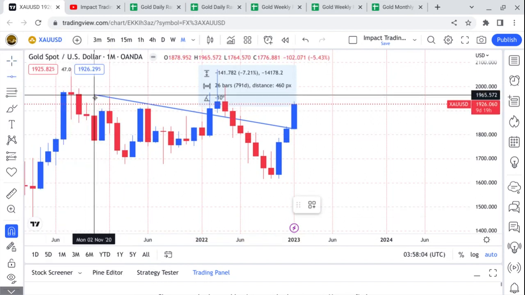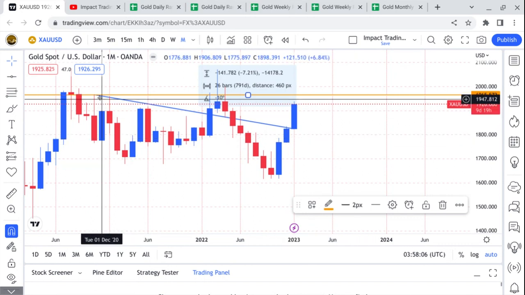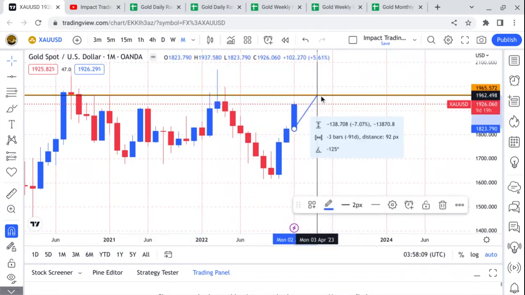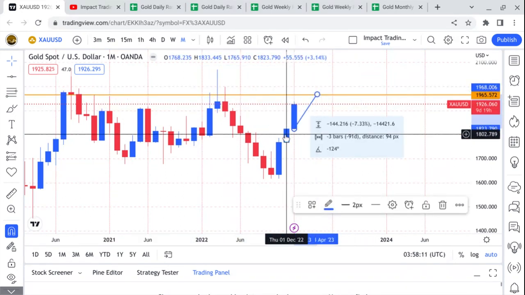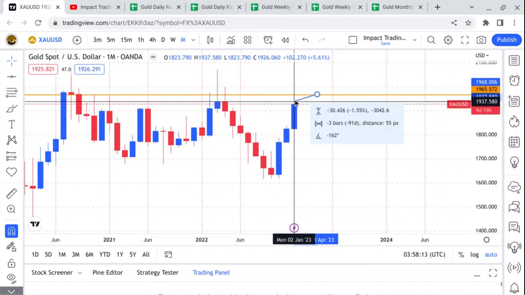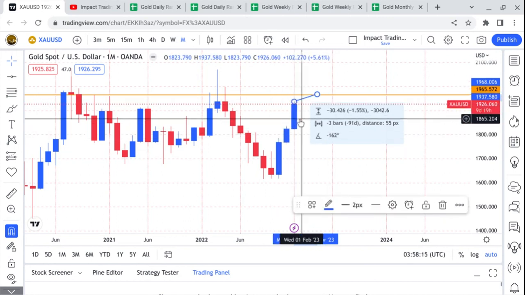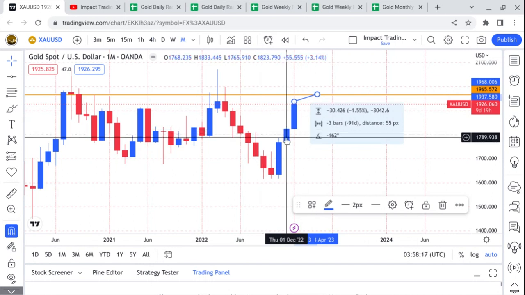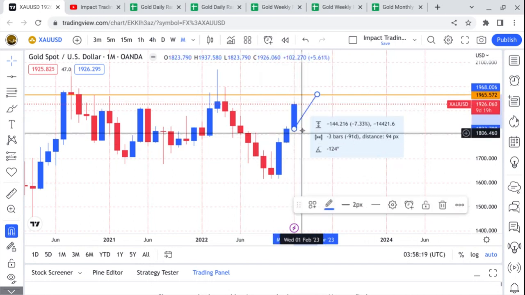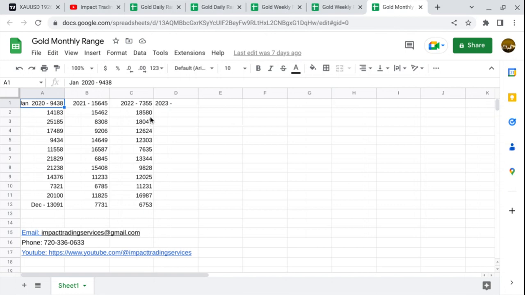Now our planning would be, all right, if price moves up another 3,000 pips, then that puts our month at 14,000. Then we go back to the monthly data, and we see 14,000 is in the upper extreme.